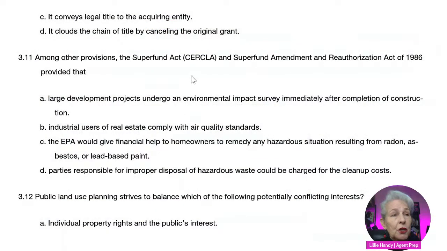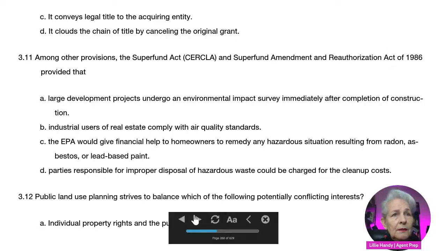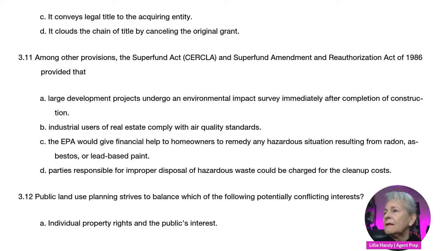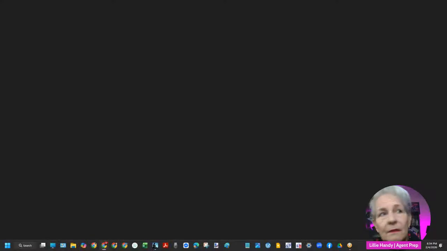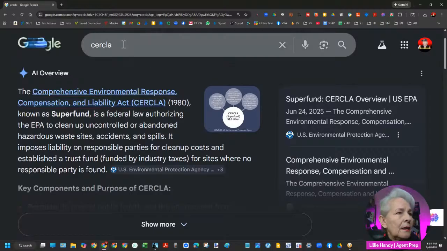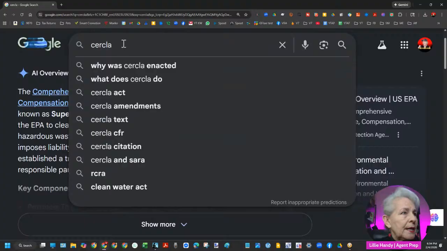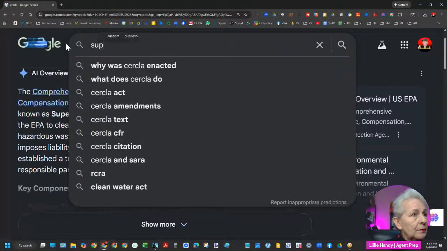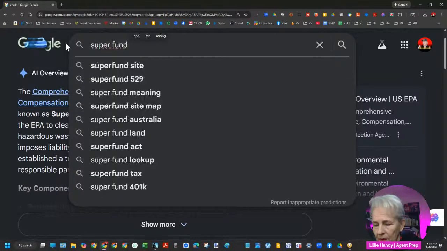So that is CERCLA. And the Superfund Amendment and Reauthorization, the only problem here is I can't get it back when I remove it. Okay, there. So what was it? The Superfund Act? What was it? Superfund amendment.